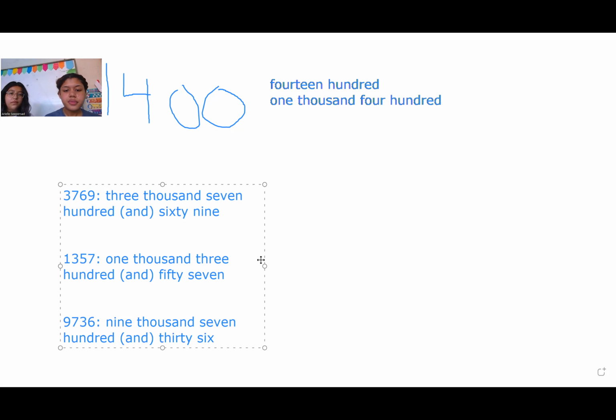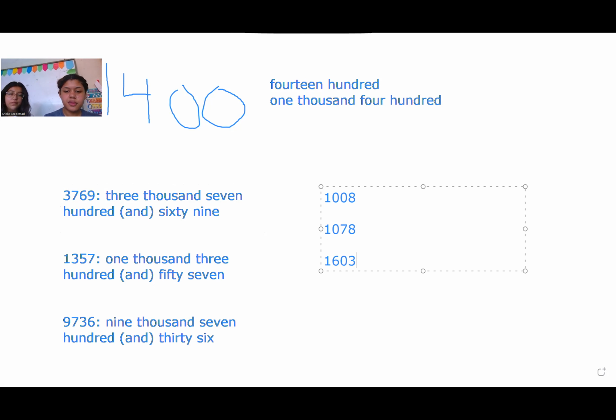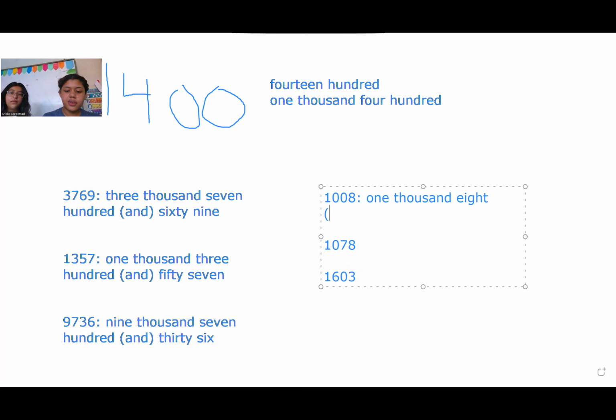Then 9,736. Now for some, if it skips a zero, maybe like when it's still the same. So for example, that would be 1,008. This one you can say 1,008.